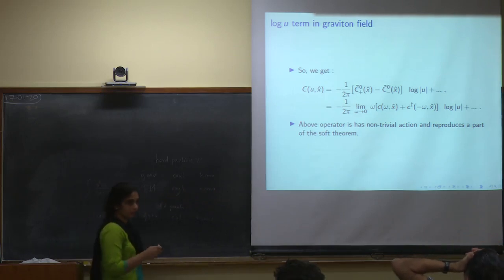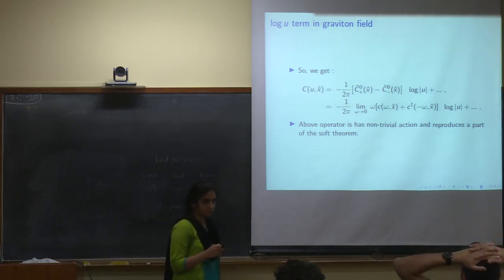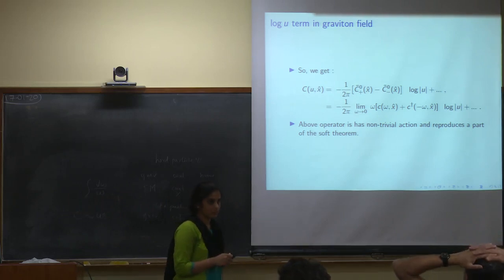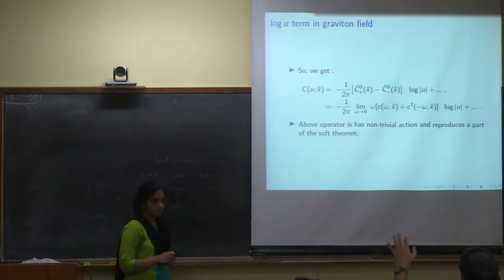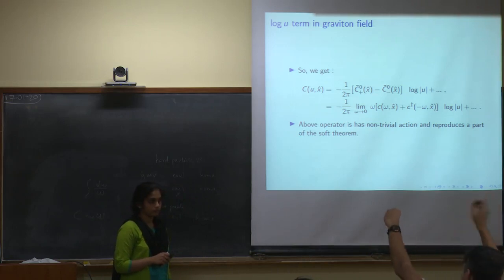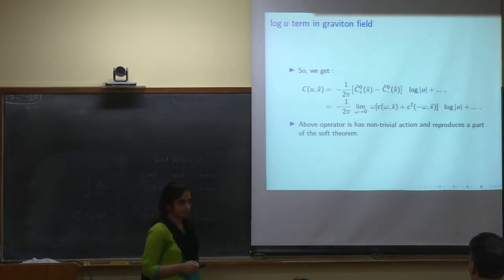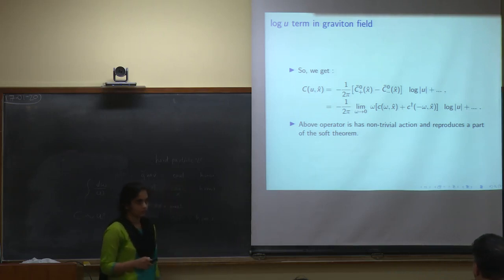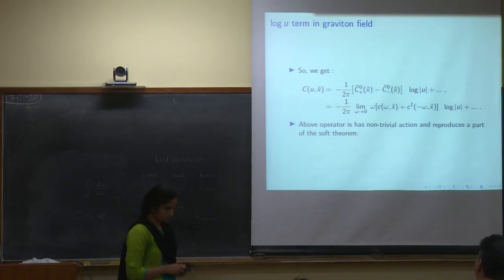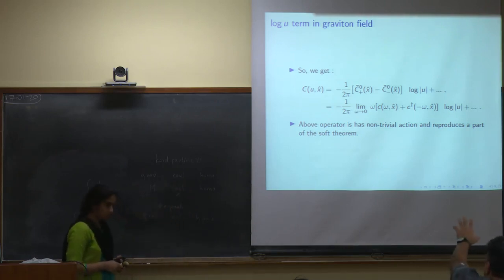If you don't mind, let me try to summarize the logic as I understand it. You said that naive analysis tells you that this coefficient of 1 by omega, from positive and negative omega, is the same. But if you compare with what you get from an S matrix calculation, one loop, that coefficient can be interpreted as something in that S matrix, and you find that it's not 0.